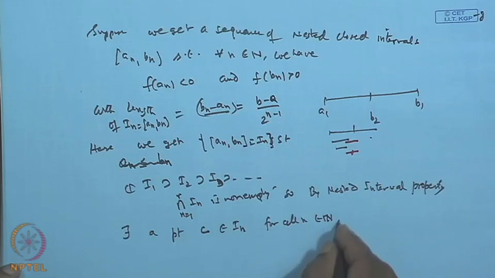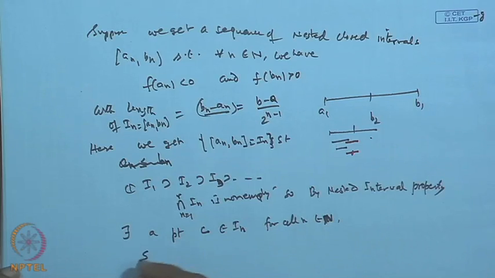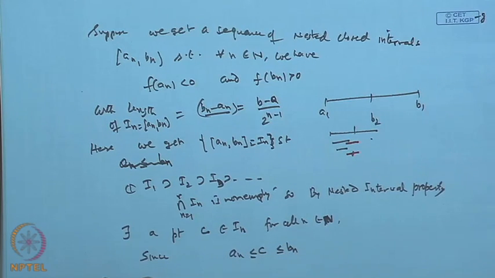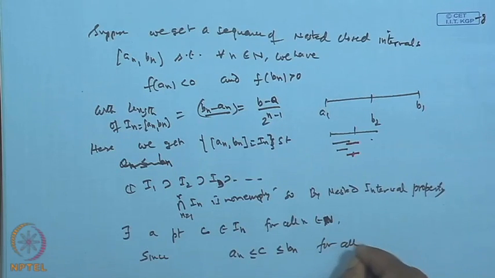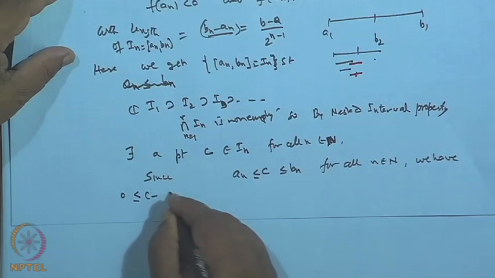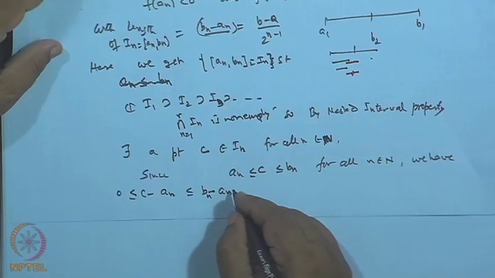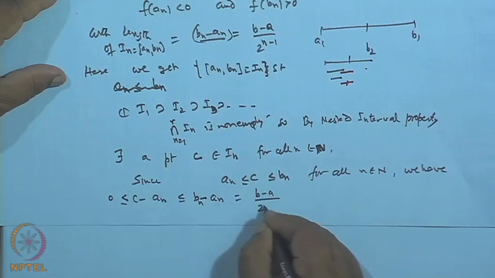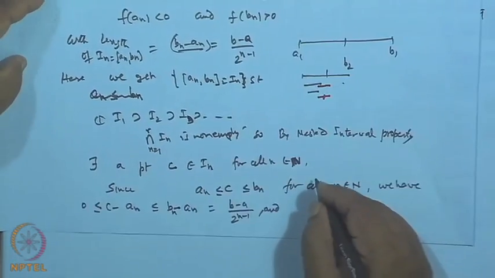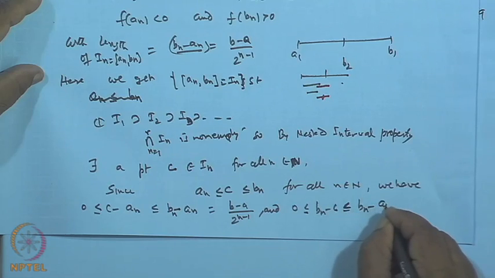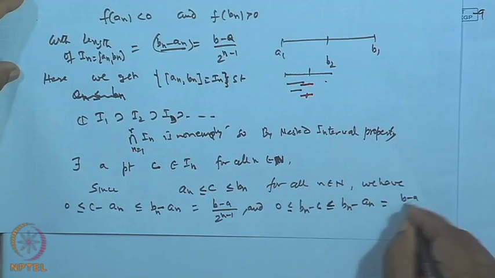Now, since c lies between a n and b n for all n belongs to N, we have that 0 is less than or equal to c minus a n, which is less than or equal to b n minus a n, which is equal to b minus a over 2 to the power n minus 1, and 0 is less than or equal to b n minus c, which is less than or equal to b n minus a n, which is equal to b minus a over 2 to the power n minus 1.